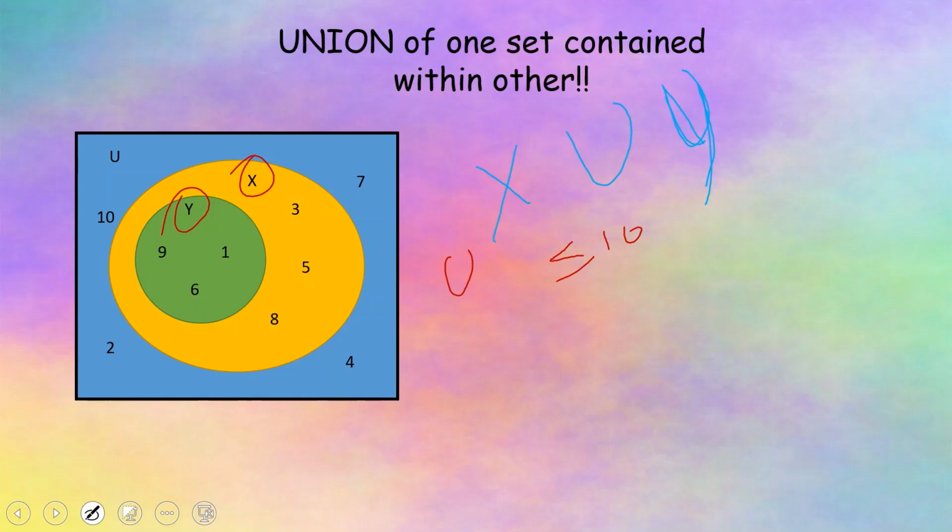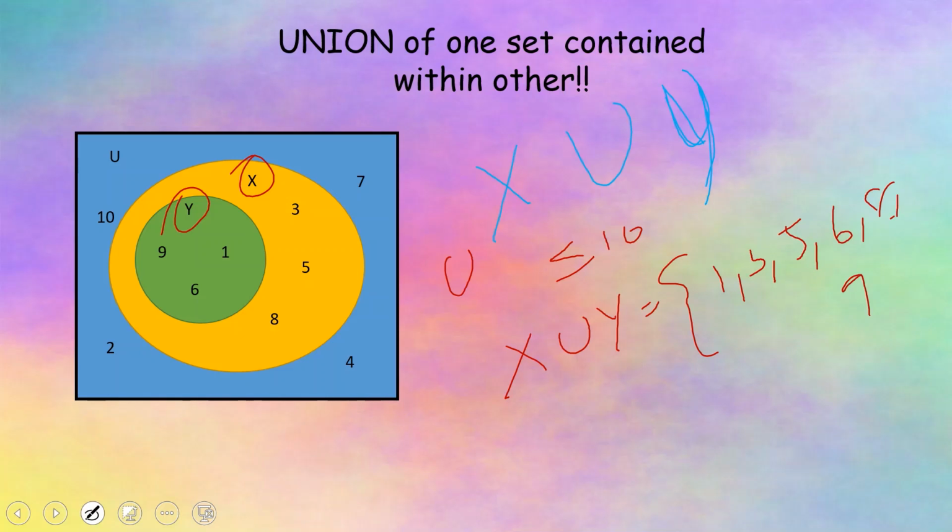When you find the union of X and Y, what do you get? You get 1, 3, 5, 6, 8, 9. This is what you'll get.